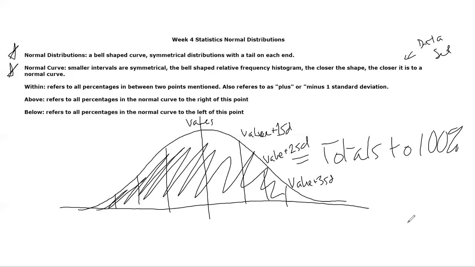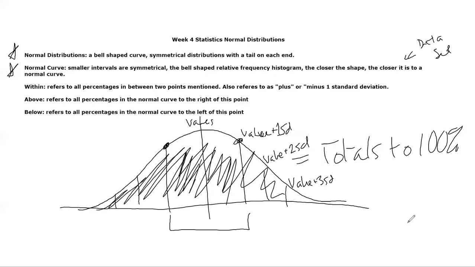Within just refers to all the percentages in between 2 points. Like let's say we have a point here and a point here. Now these lines are there on purpose. If I want to know what's the percent in between these 2 points, I'm really saying, add whatever this percent is plus this percent.